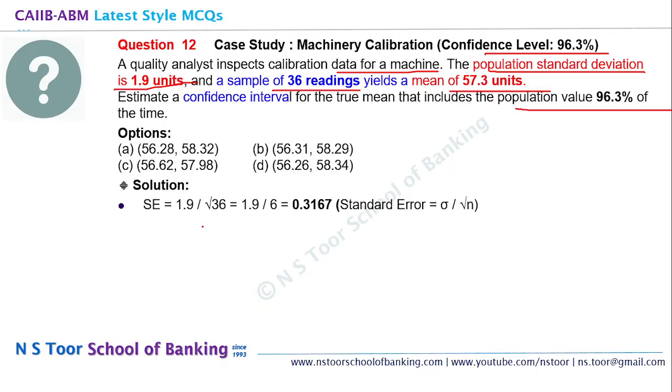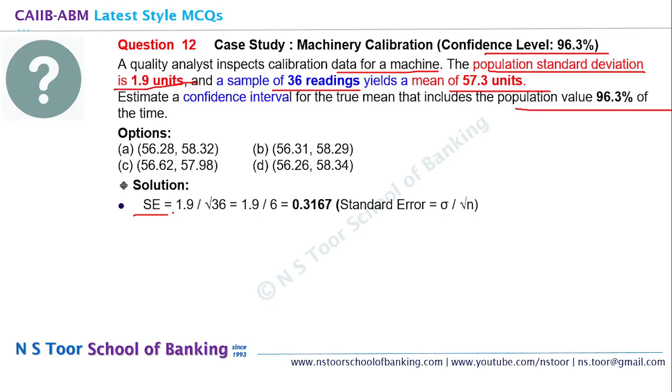So as usual, firstly, we will calculate the standard error. What is the meaning of standard error here? Standard error is the population standard deviation divided by the square root of the sample number. So what is the standard deviation for the population?